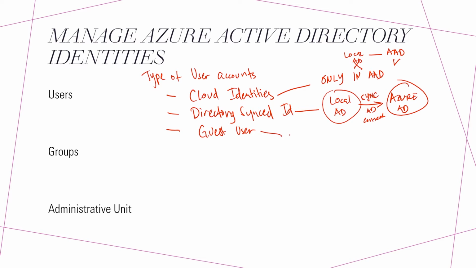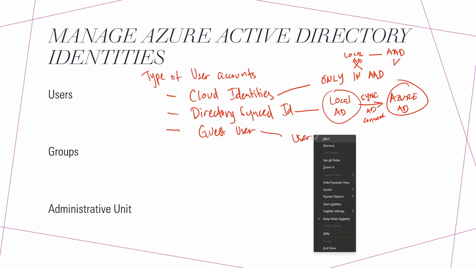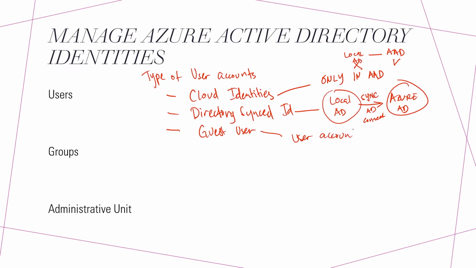The third type is the guest user. These are user accounts that exist outside Azure, meaning outside your tenant, outside your organization. Let's say your domain is pilocero.com and you're doing business with another company with the domain test.com.